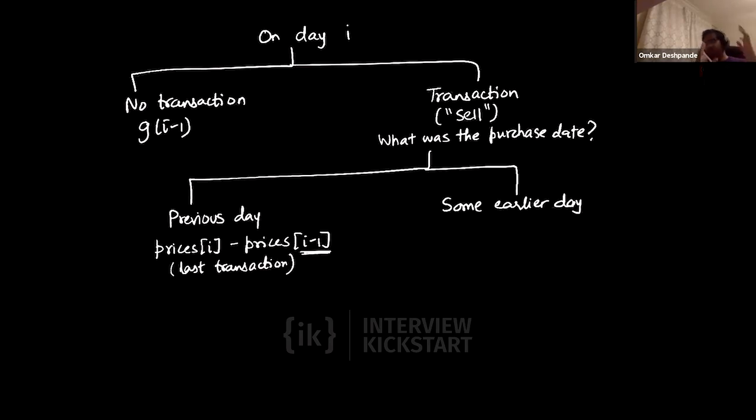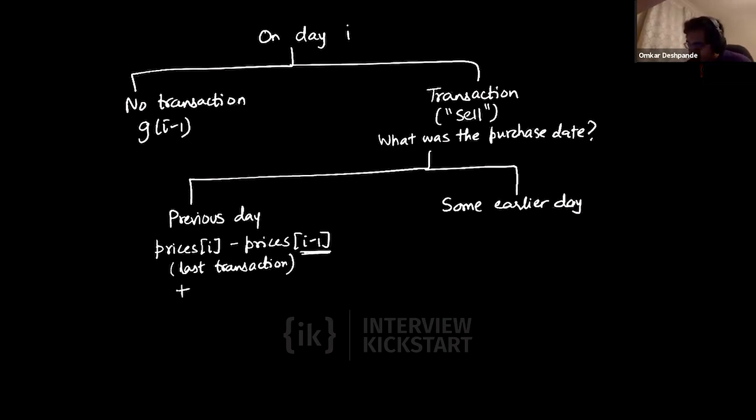So we take that solution and we add the price of this last transaction to it, and that gives us the maximum profit up to day I, assuming that the last transaction happened on the last 2 days.